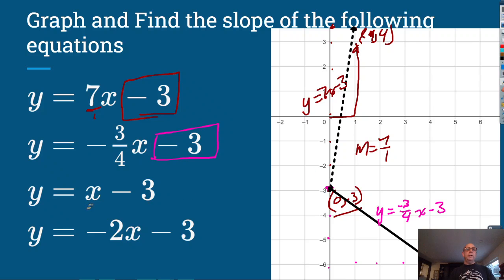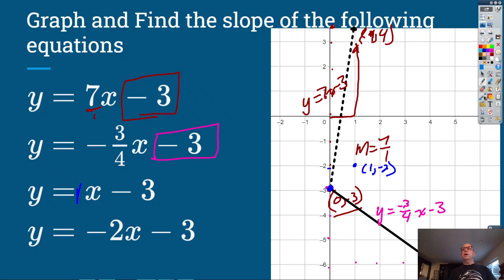How about y equals x minus 3? So let me grab another color. Again, we're starting at 0, -3. But now we have a slope. When there's no number there, that's a slope of 1, which means we go up 1 and over 1 to this point. So this is point 1, -2.